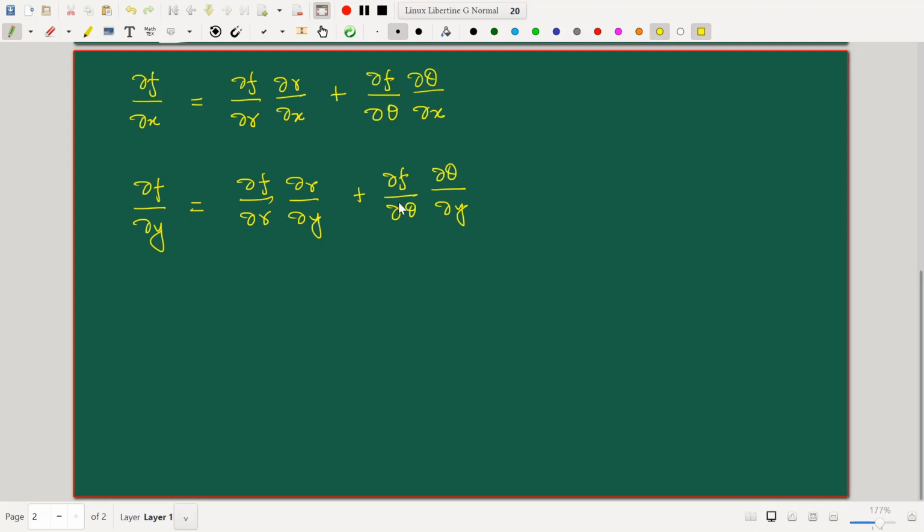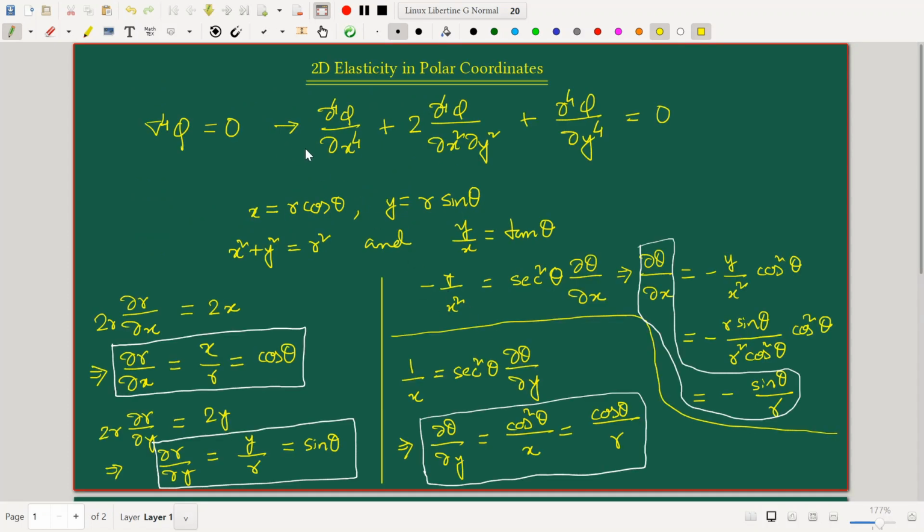Now, where are we proceeding from here? If we go back to the previous page, our ultimate aim is to convert the left hand side of this biharmonic equation, written in terms of the derivatives with respect to x and y, in terms of the derivatives with respect to r and theta.